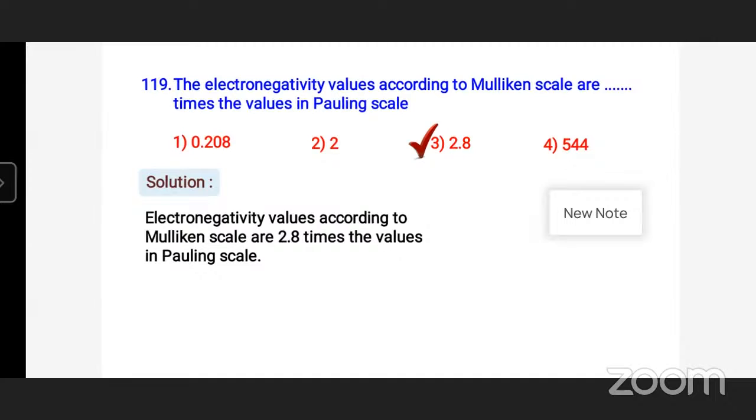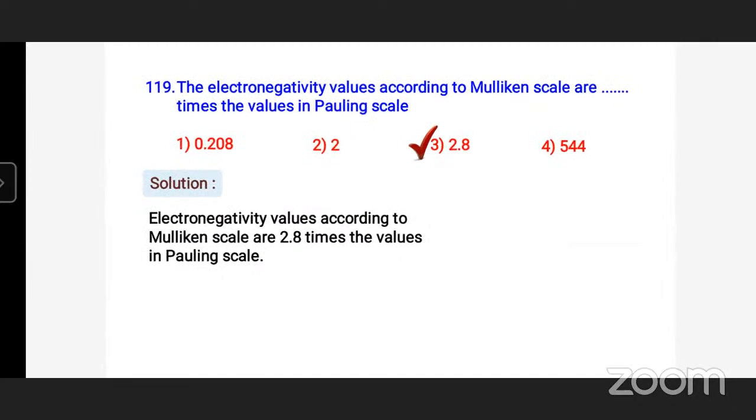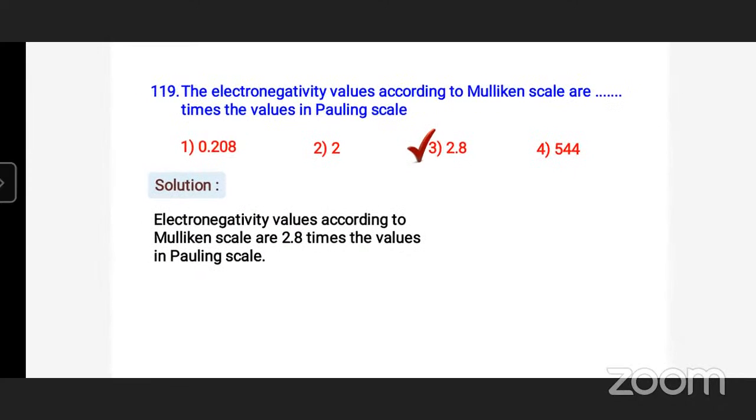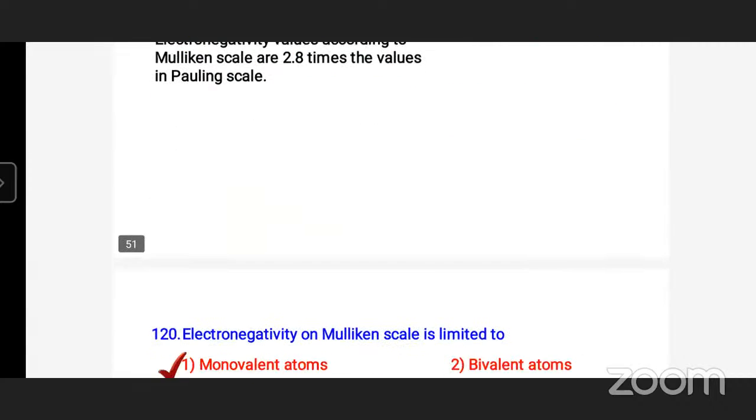Mulliken's electronegativity values are almost 2.8 times larger than the Pauling values. So electronegativity values according to the Mulliken scale are 2.8 times the values in the Pauling scale. So the third option, 2.8, is the right option. Okay, right. Next question.